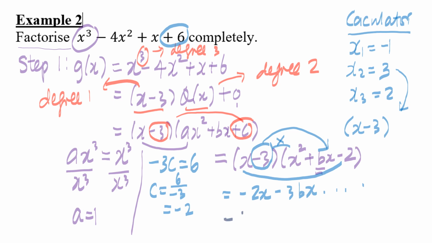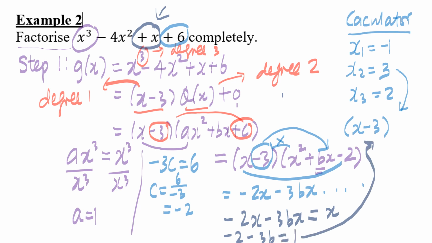So your negative 2x minus 3bx, this is compared with who? Compared with this guy here, with the positive x. So you divide by x throughout, you get negative 2 minus 3b equals 1. And then you simplify it, you will have b equals, just a minute, negative 2 minus 1. b equals negative 1.